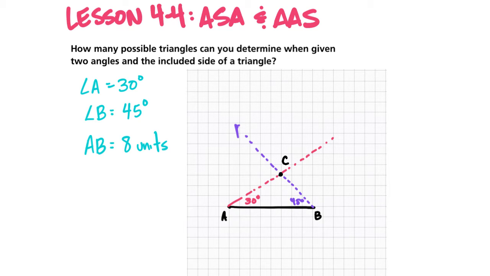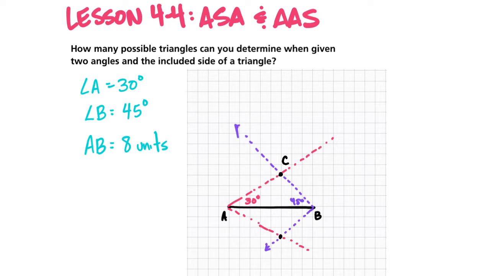point C would have to end up right there. Now somebody else might say, well, what if you were going to take these two angles, 30 degrees and 45 degrees, and send them off this way for the 45-degree angle, and down this way for the 30-degree angle? Wouldn't that create a different triangle? Well, no, not really.